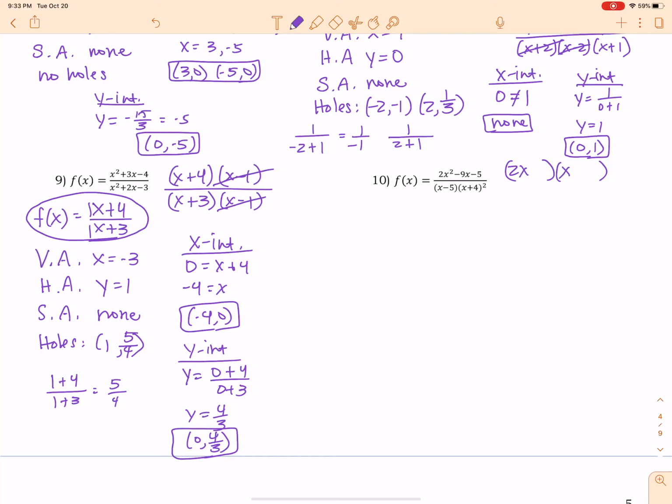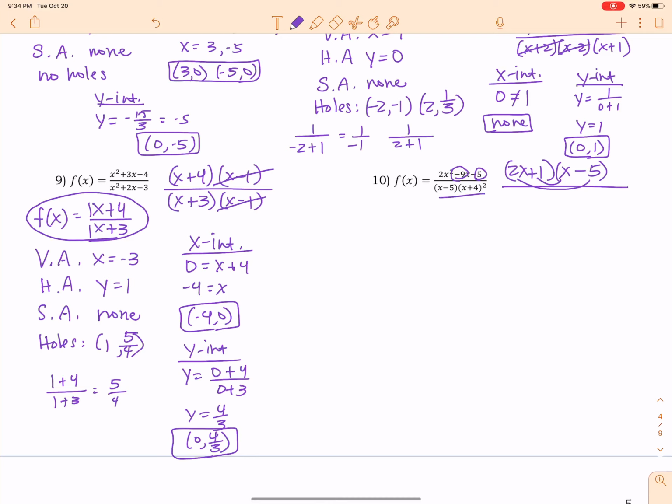So 2x and x, be careful with your factoring here. But the nice thing about this though, 5 only has one option. Okay, so 5 here, 1 here, because this is 10 and this is 1. It's going to give me a -9, so this would be negative and positive.